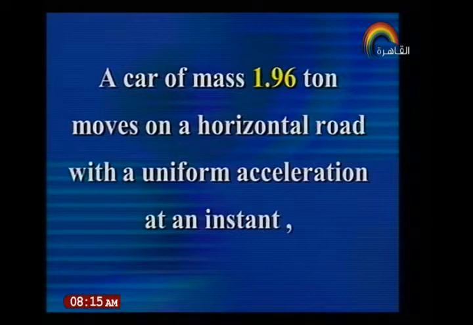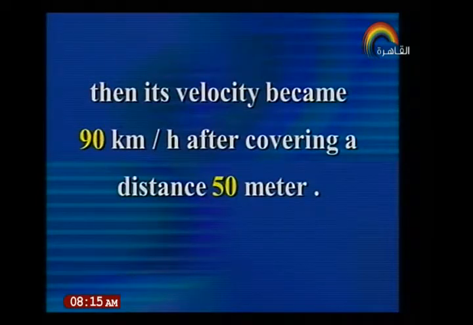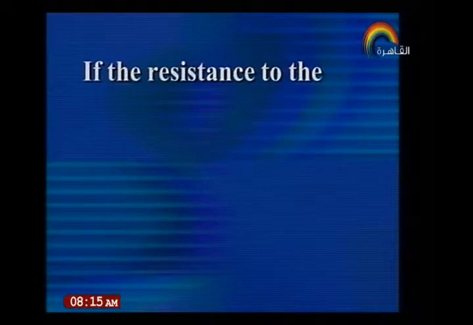Another example. A car of mass 1.92 ton moves on a horizontal road with uniform acceleration. At an instant its velocity became 90 kilometer per hour after covering a distance of 50 kilometer.